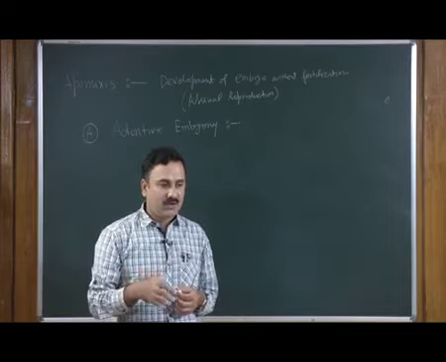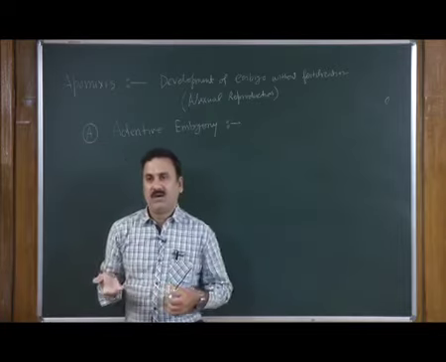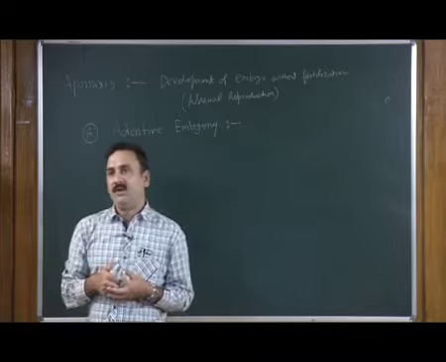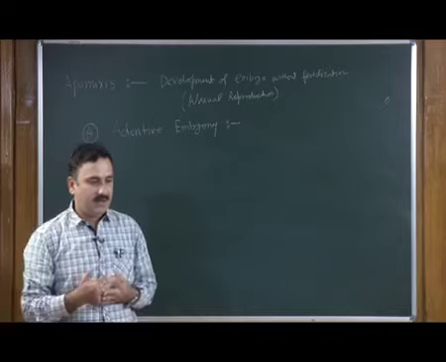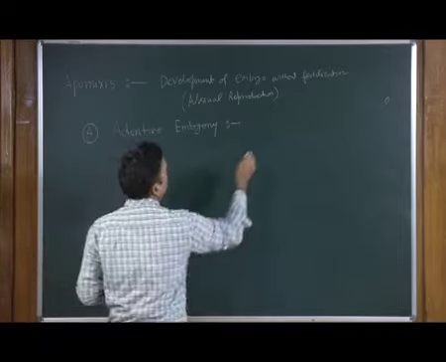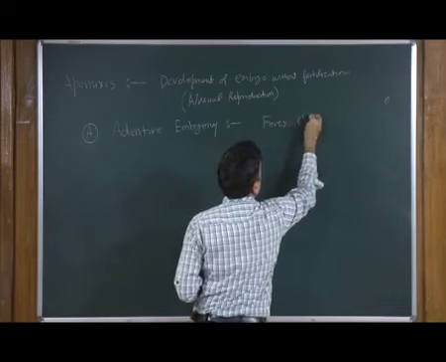So, in adventive embryony, the embryos are directly developed from the diploid sporophytic cells such as the nucellus and integuments of the ovules. The example in this case is the citrus.